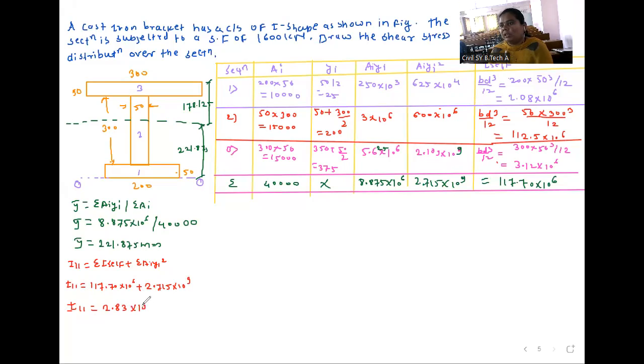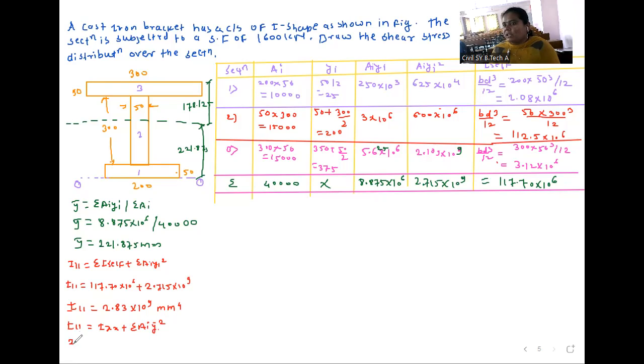2.83 into 10 raised to 9 mm raised to 4. After that, we will calculate Ixx. So I11 is equal to Ixx plus summation of A into y bar squared.